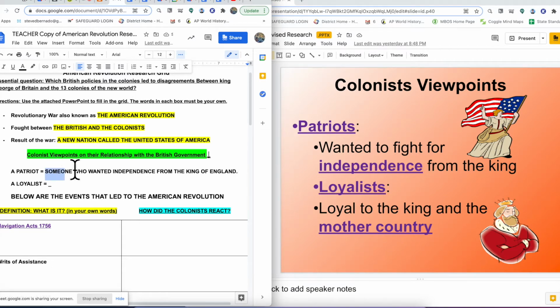When you're done with that, what was a loyalist? A loyalist was someone from the 13 colonies who was loyal to the King of Great Britain and the mother country.